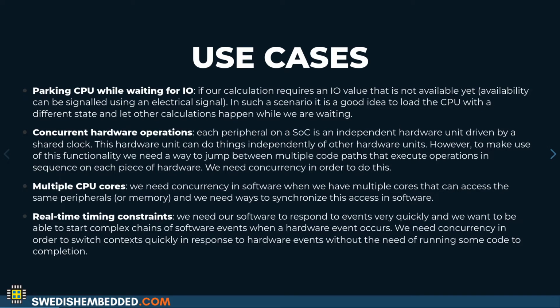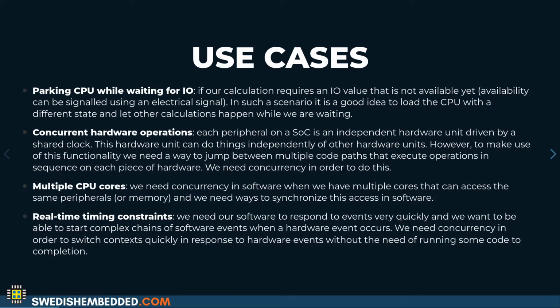And the last point is meeting real-time constraints. So if we need to respond to some event very quickly, concurrency helps us do that. Let's say an interrupt arrives and unblocks a semaphore. With concurrency, we can switch to another piece of code that is currently waiting for that event and execute that piece of code first before going back to what we were doing before.